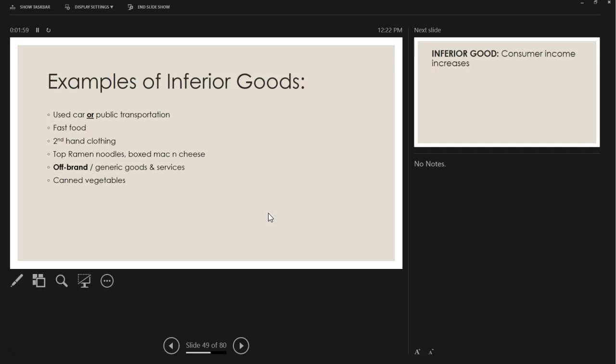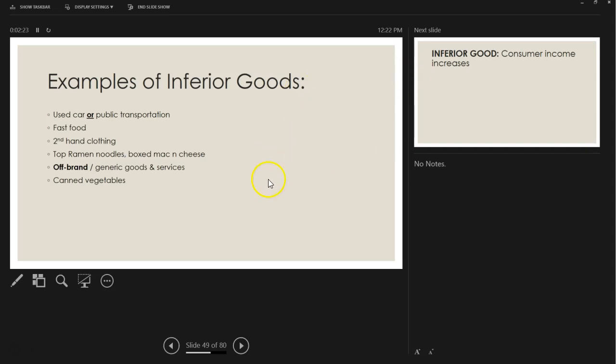Realizing, of course, that on a day-to-day basis, sometimes people will have a craving for one of these things. Nevertheless, these are examples of inferior goods as far as economists are concerned, because the overall trend of an economy is that these are things that people buy less of when they have more money.